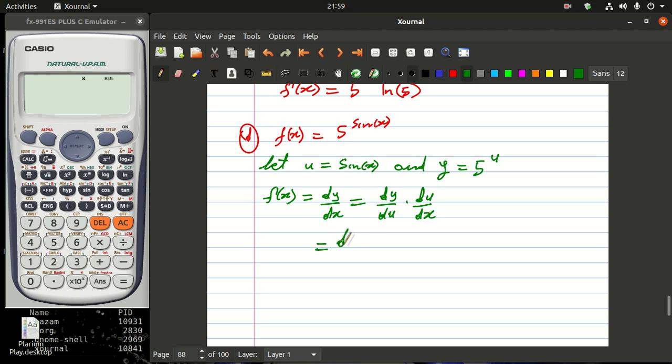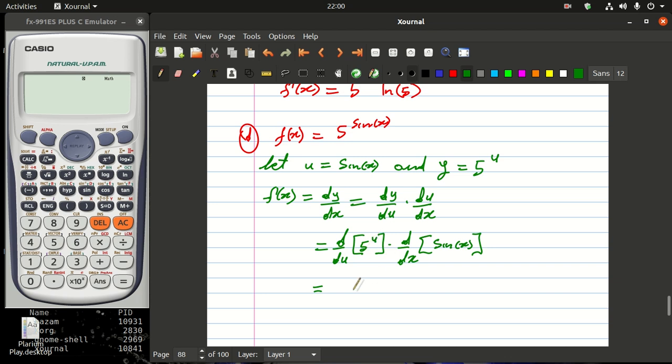So I have d du of 5 raised to u times d dx of u, and my u is the same as sine of x. What is nice now is that this function is in terms of x, and I'm taking a derivative with respect to x, and this function is in terms of u, and I'm taking the derivative with respect to u. So everything is going to be fine.